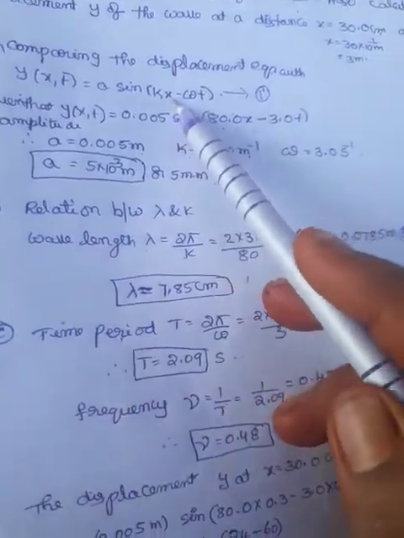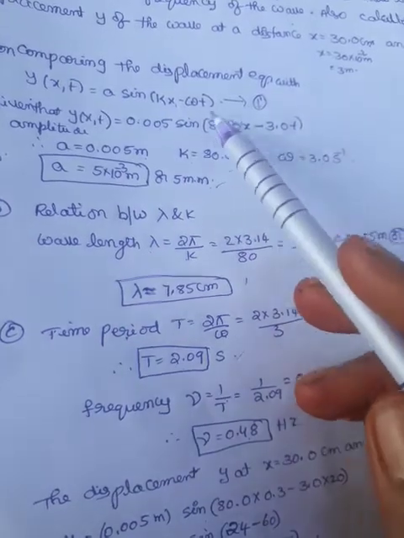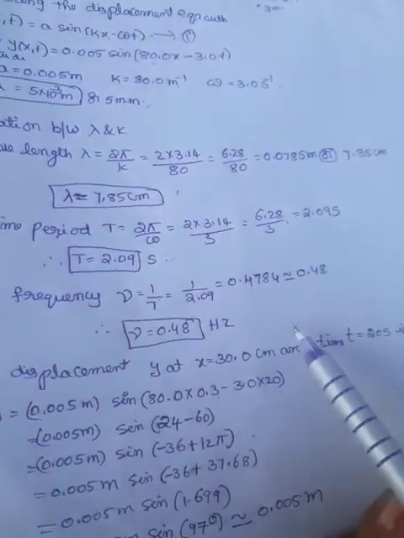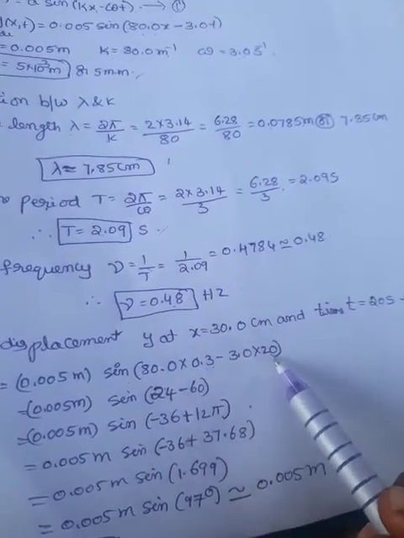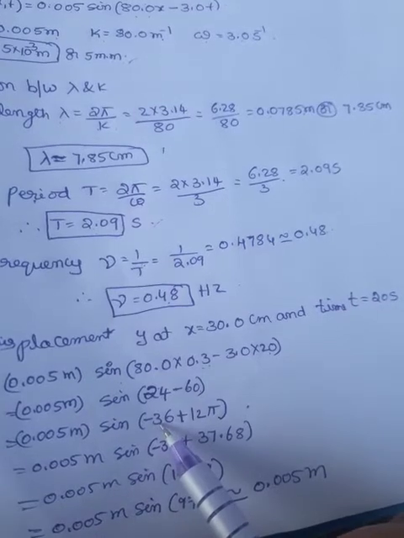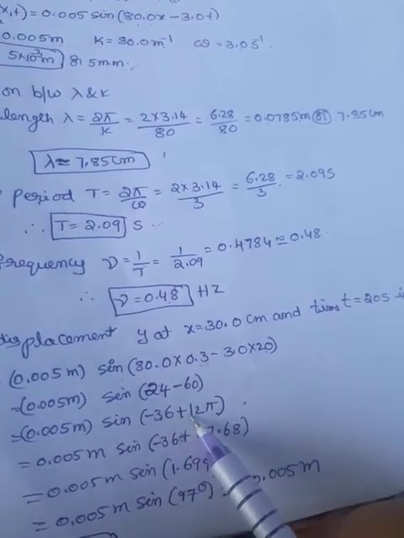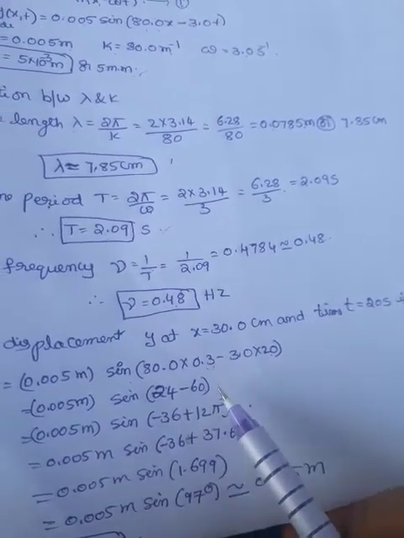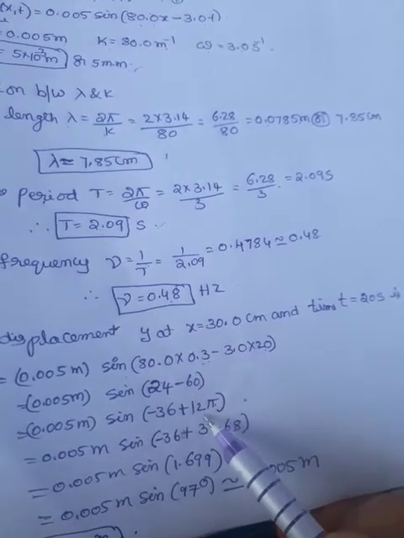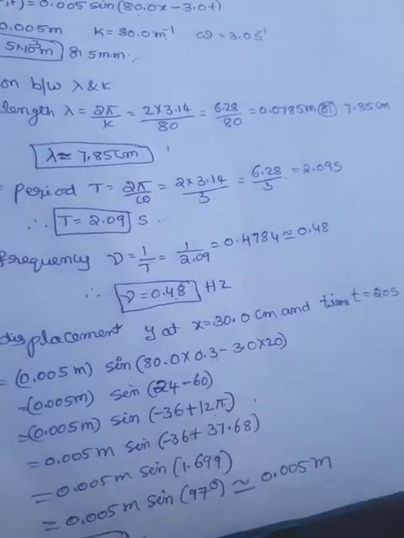In place of x we write 3 meters, and in place of time we take 20 seconds. On solving this, 24 minus 60 is equal to minus 36 we will get. For the positive value we take either 2π, 4π, likewise for 12π the sin value gets positive.